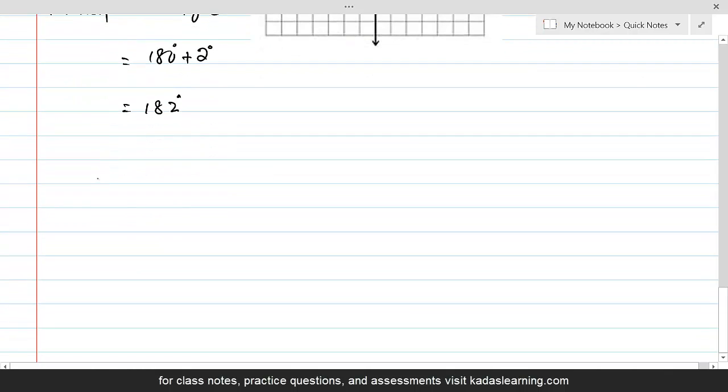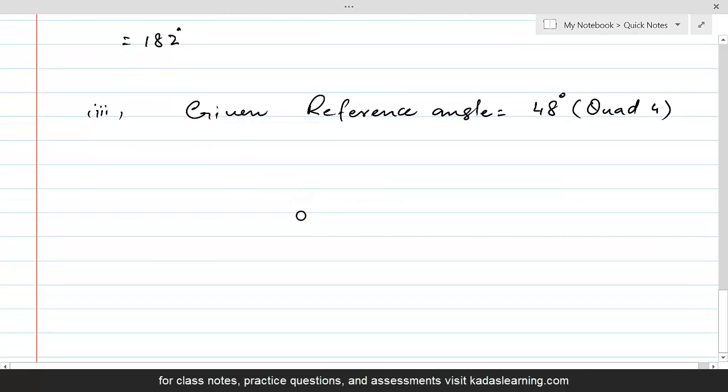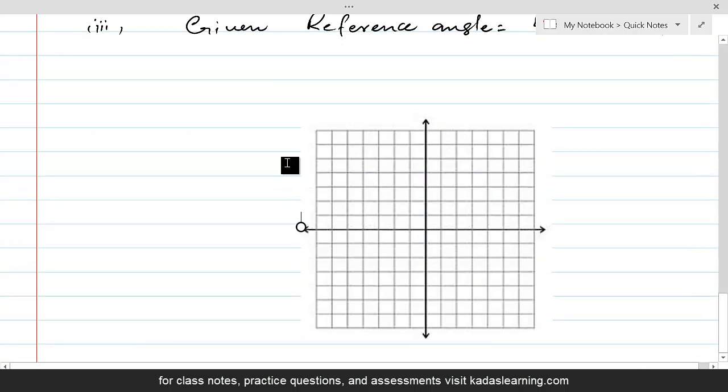For question number 3, the given reference angle is equal to 48 degrees in quadrant 4, and if this is the fourth quadrant, then this is the required angle, 48 degrees.